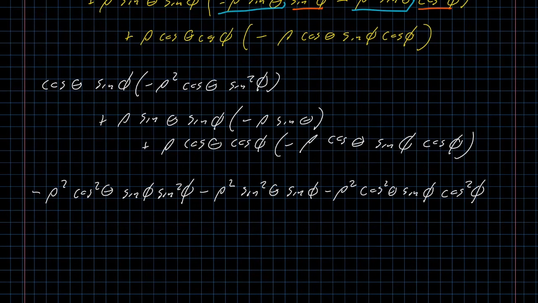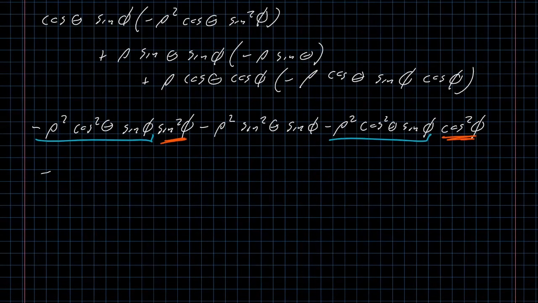And what is that, precognition or something, or just knowing what's supposed to happen? I've got this rho squared cosine squared theta sine phi showing up in two places, being multiplied by sine squared phi and being multiplied by cosine squared phi. So using the Pythagorean identity, those are going to collapse. And we'll have minus rho squared cosine squared theta sine phi. And then the other term that's left is rho squared sine squared theta sine phi.